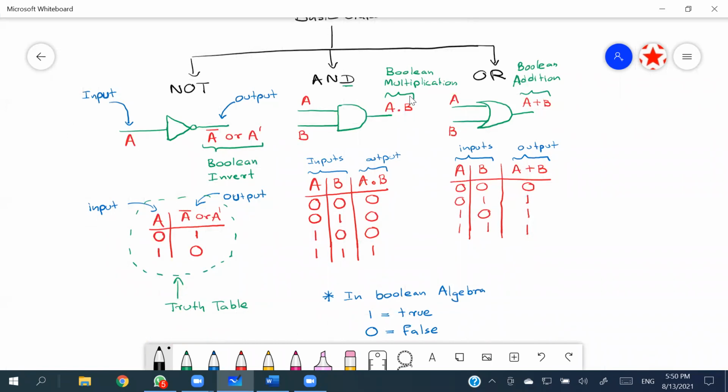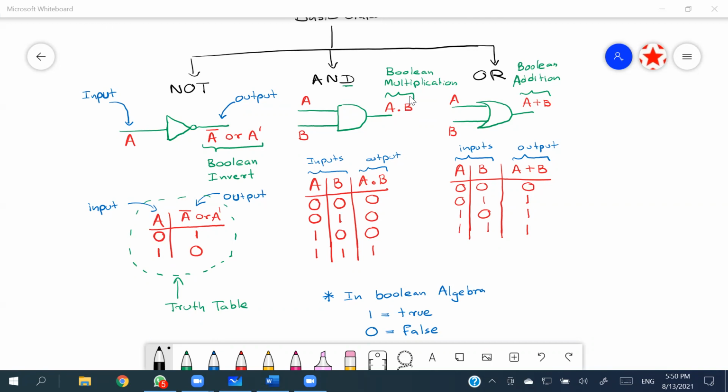And we learned about the truth table, and we get to know that inside a truth table, 1 indicates the value true, and 0 indicates the value false. All right. And these three basic gates have their own operations.